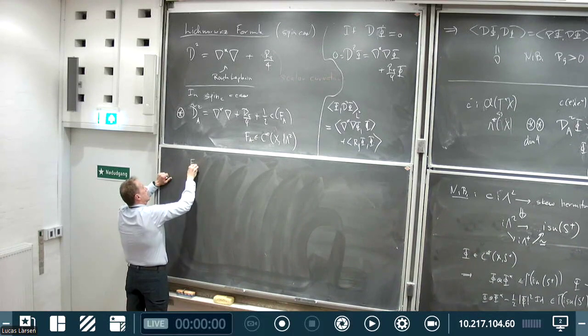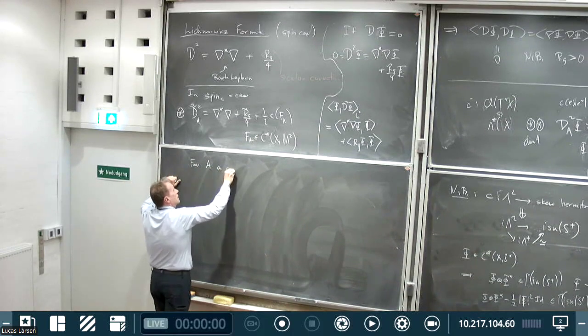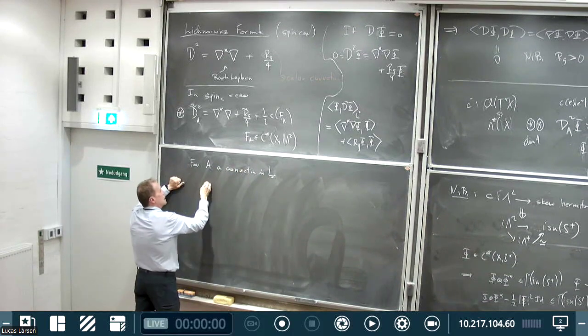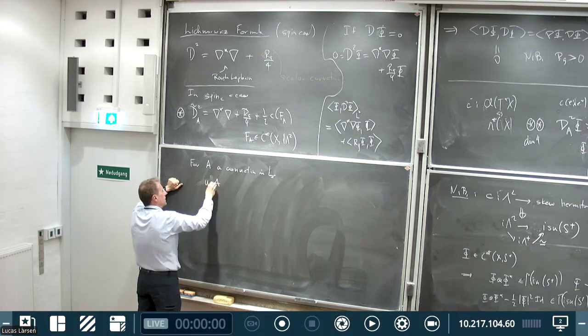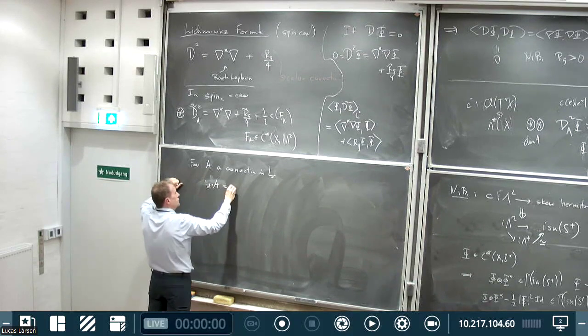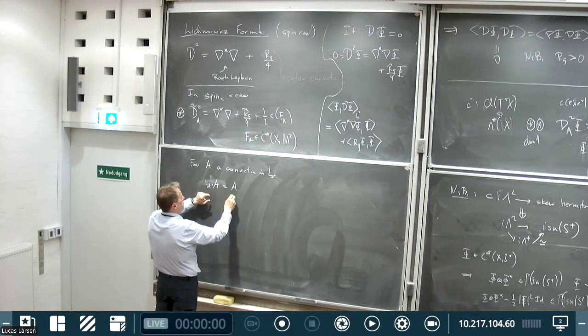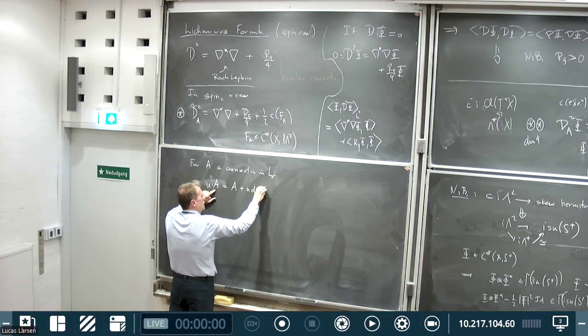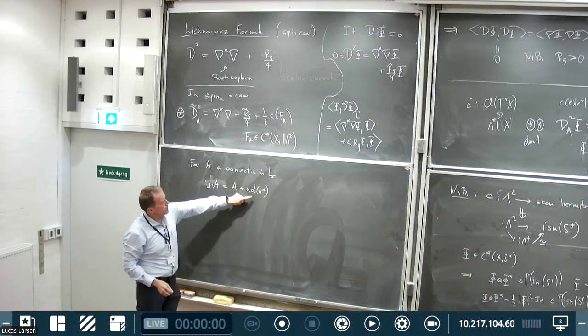For a connection in L, the induced action, naively you'd think, remember, connections form an affine space, that you should do this.